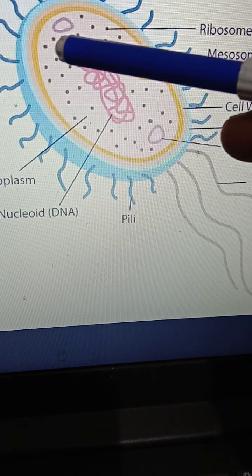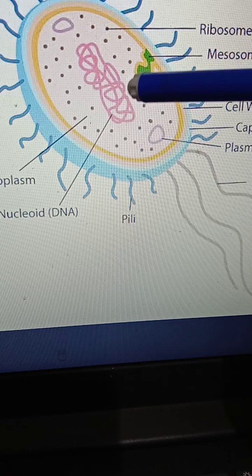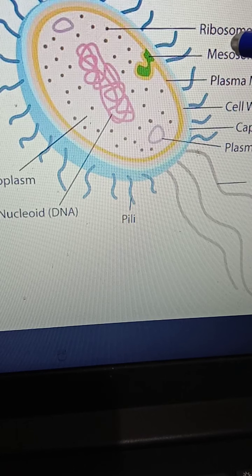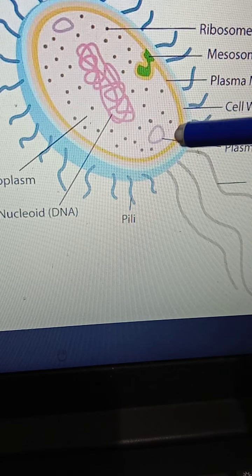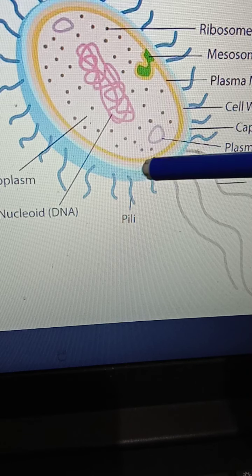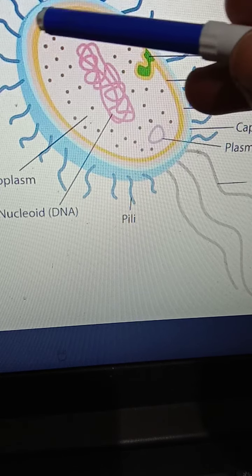The cytoplasm also contains the ribosomes. The ribosomes present in the prokaryote are of 70S type, and they are responsible for protein synthesis. Outside the cell membrane there is the cell wall. You can see the white colored thing here, this is the cell wall.